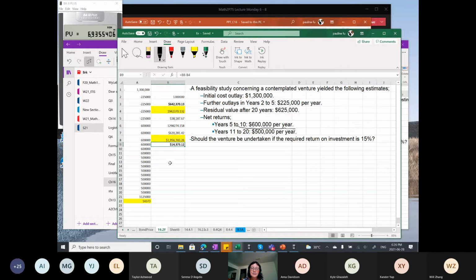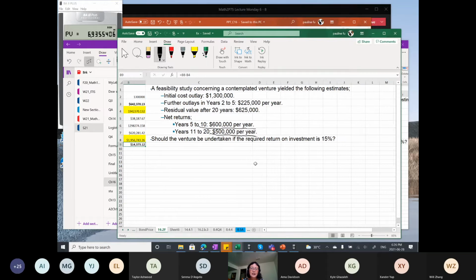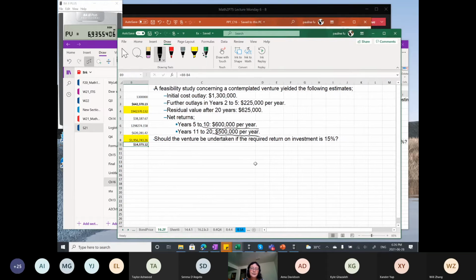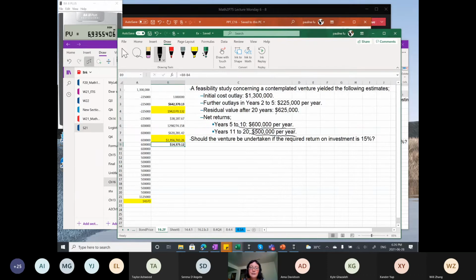This is one part of money inflow, and the other is 500 per year from year 11 to year 20. And it also has residue. After 20 years, this machine, this project has 625 as residue. That is the third part of money inflow.